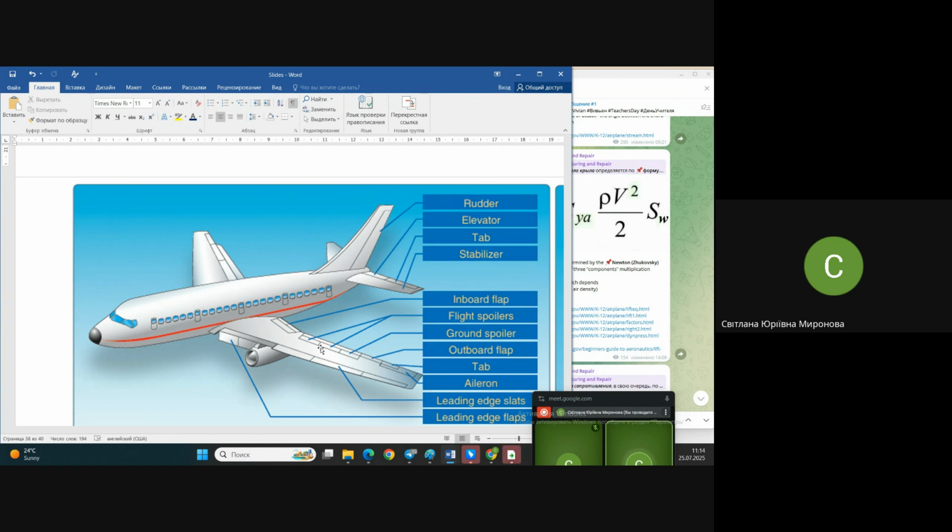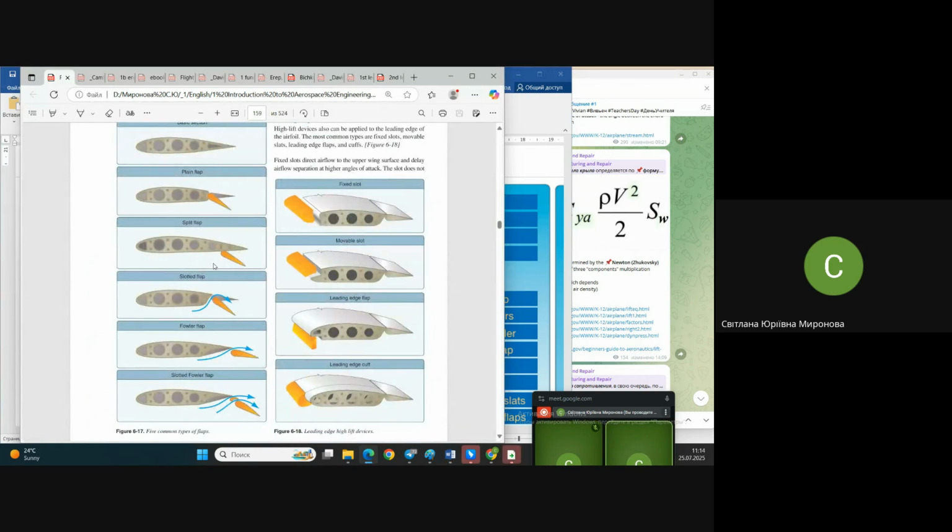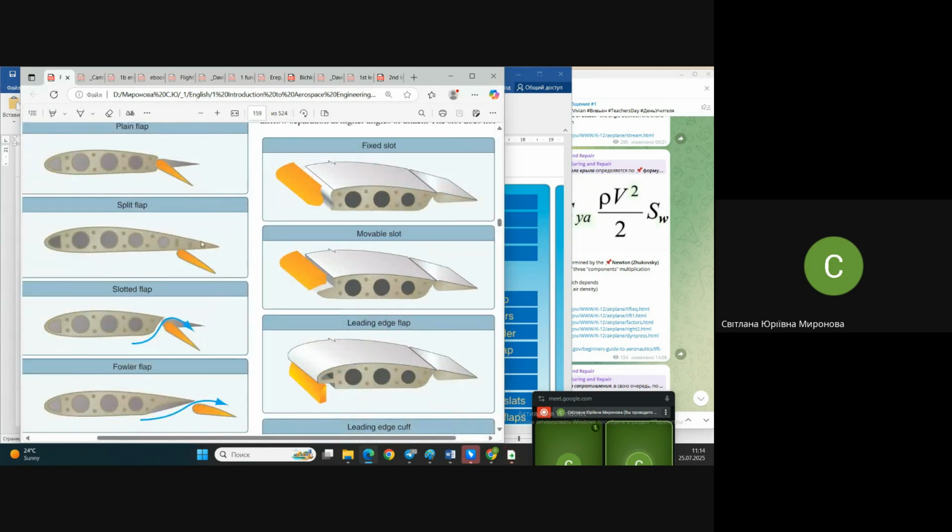I forgot to mention one more type of air brake. An air brake may be immediately on the fuselage, very similar to that. To imagine that one, look, split flap. What do you imagine? Something like this hidden in the surface of the fuselage, and it opens, like blowing at the end.